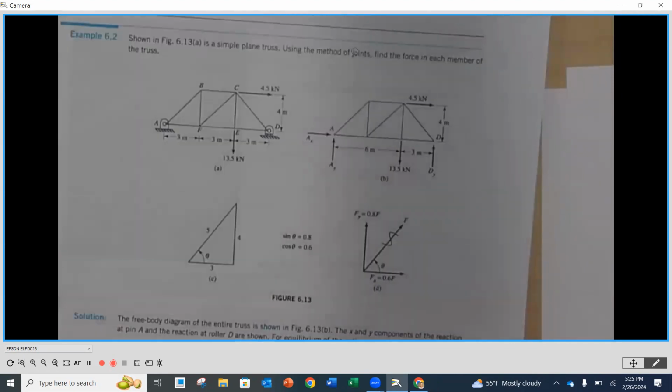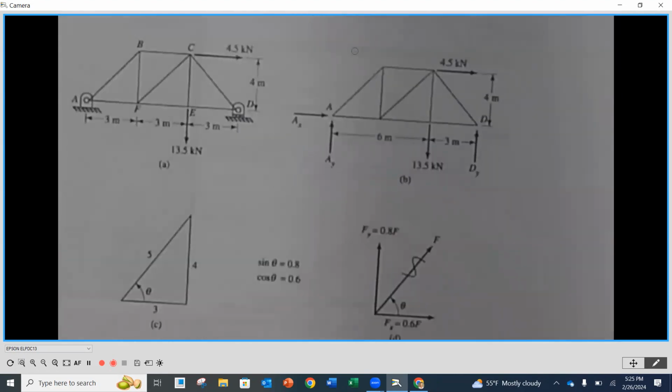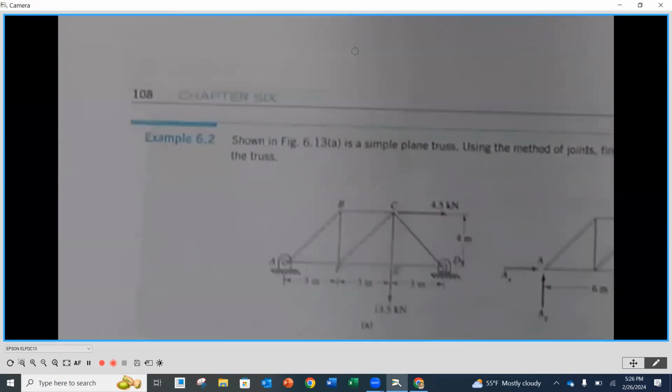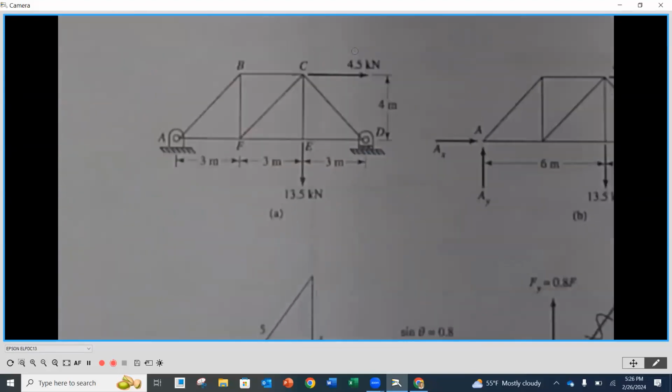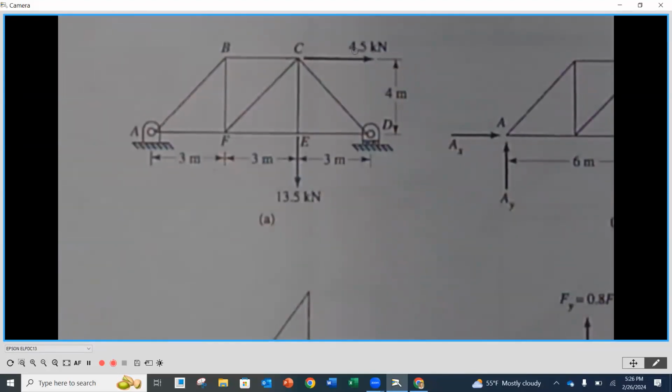I'm going to keep this up so that for those who might not have this handy, you can reference the diagram. I'll create my free body diagram on the side here, and then we'll compare in about a minute.